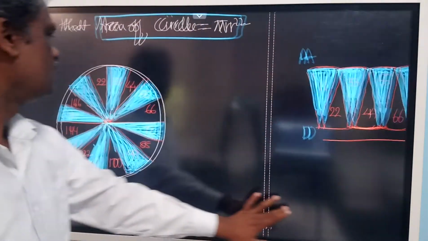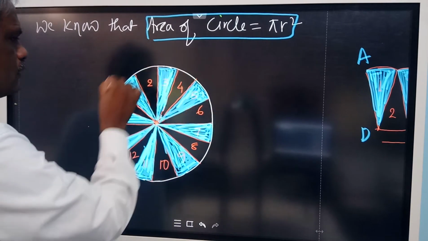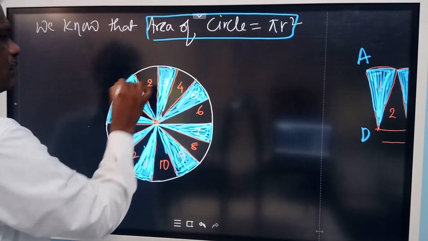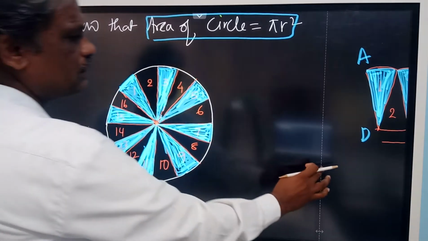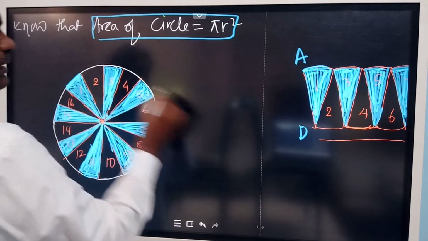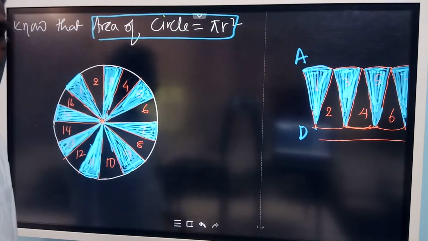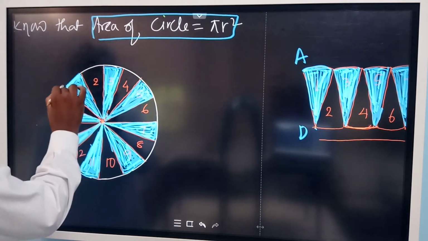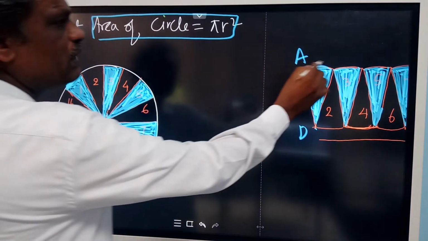And observe that this is the perimeter. Here, the first part, this arc is coming here. Then the second arc is coming down. Now sector 1, look at this arc placed here.